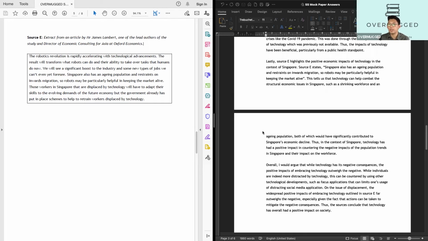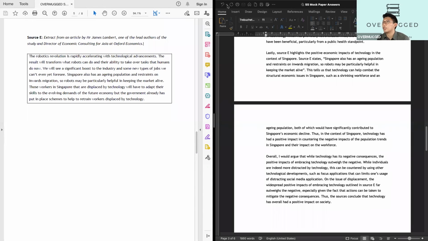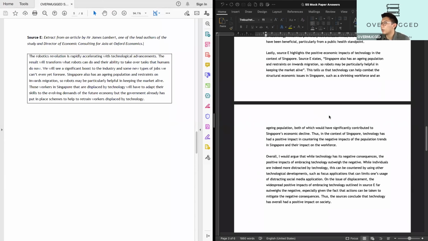What I want to focus on here is the conclusion over here. I'll just read through the conclusion first. Overall, I would argue that while technology has its negative consequences, the positive impacts of embracing technology far outweigh the negative. While individuals are indeed more distracted by technology, this can be countered by using other technological developments such as focused applications that can limit one's usage of social media applications.